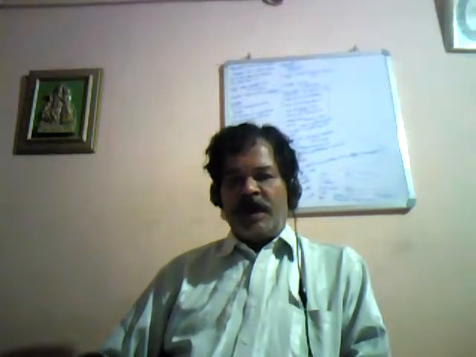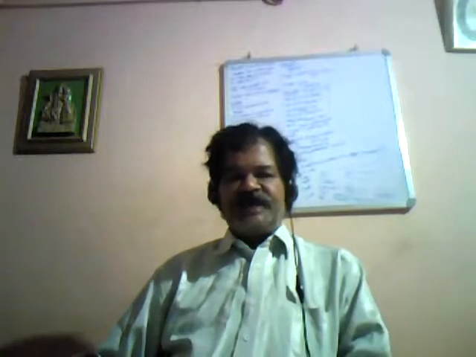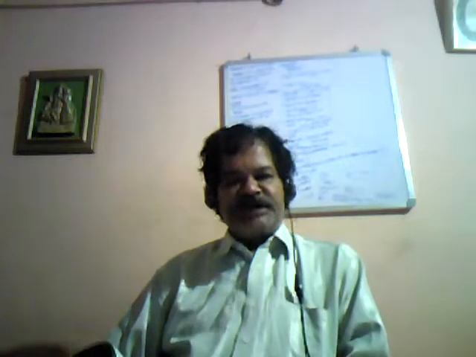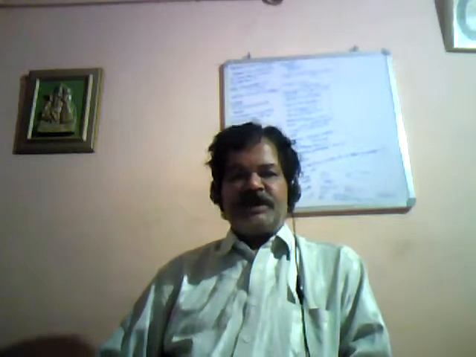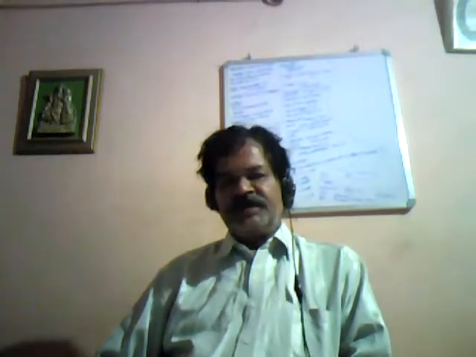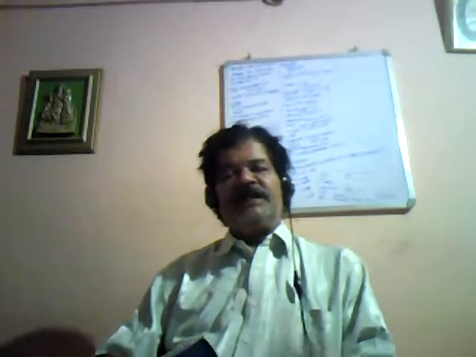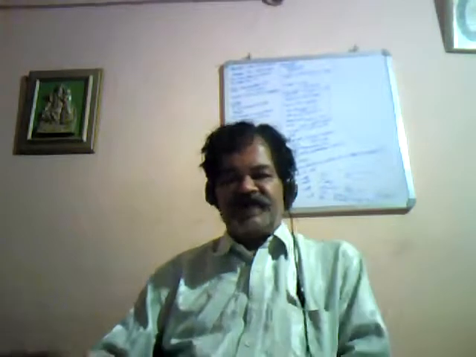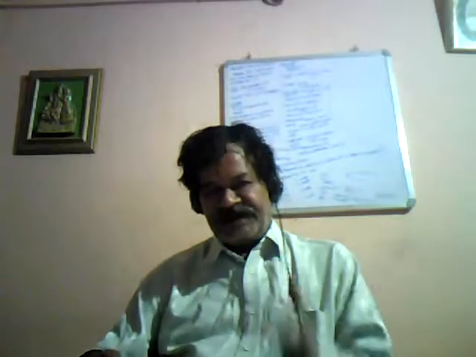Now, on the left side, that is the debit side, you have to take into account the expenditure. On the right hand side, you have to take into account the income. All revenue incomes will appear on the right hand side, and all the expenses will appear on the left hand side. That is debit side and credit side.